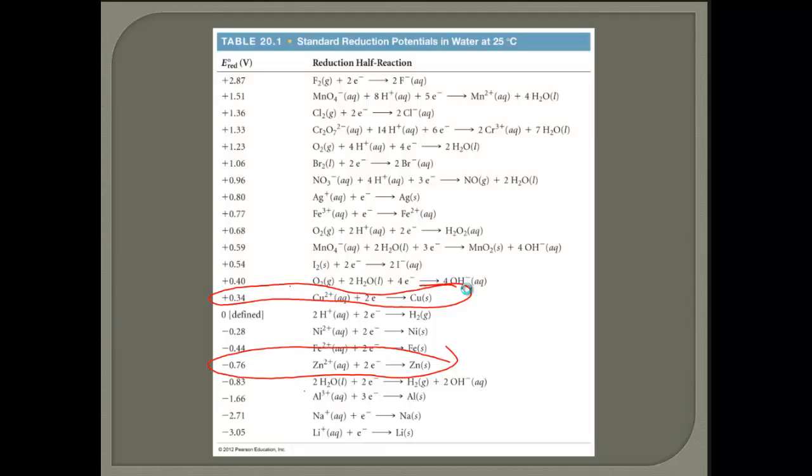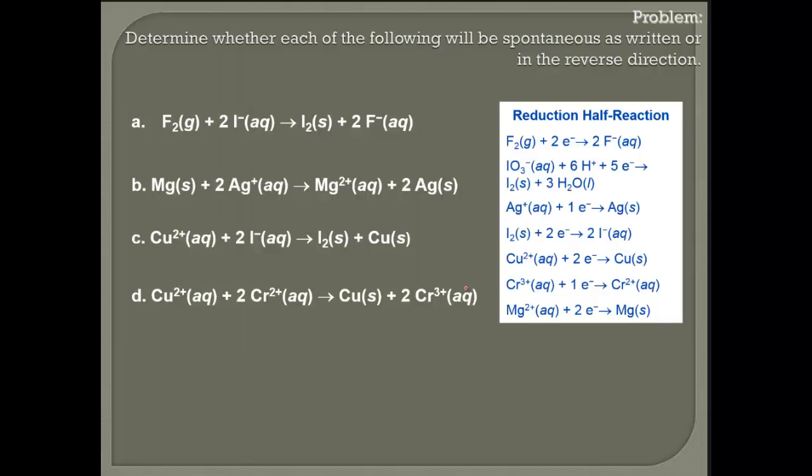Alright, determine whether each of the following is spontaneous as written or in the reverse reaction. Alright, so F2 is here, and then I minus is down here. F2 is above iodine, so therefore it will be spontaneous.